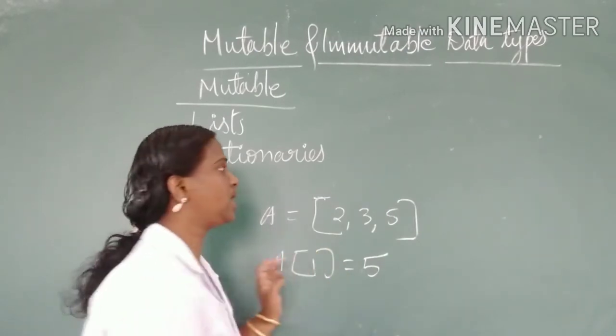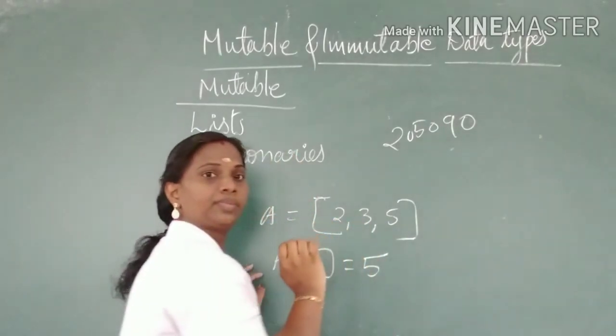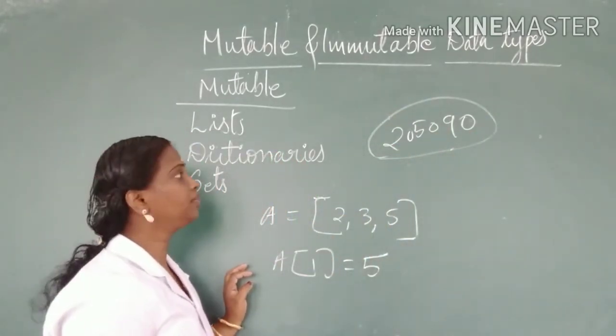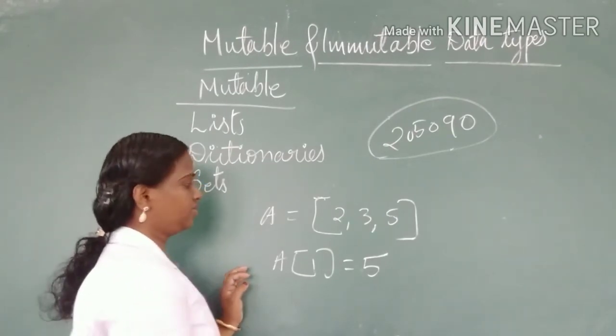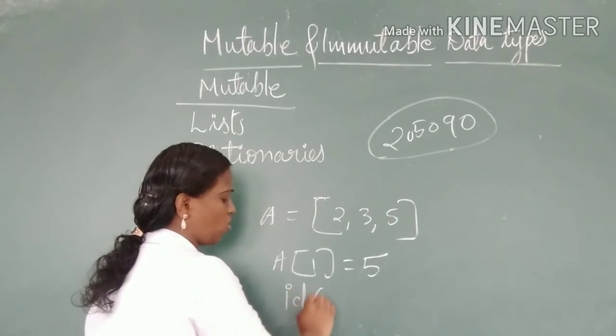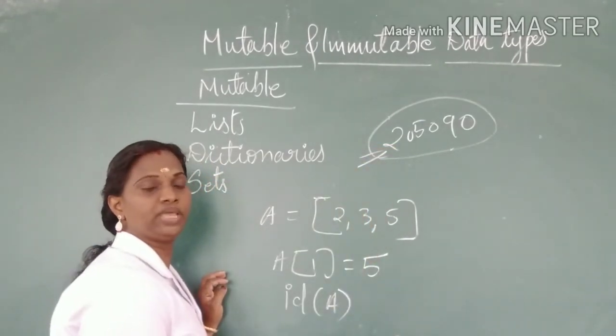Suppose this A's memory address is 20360. Even after the change, the address number remains the same.